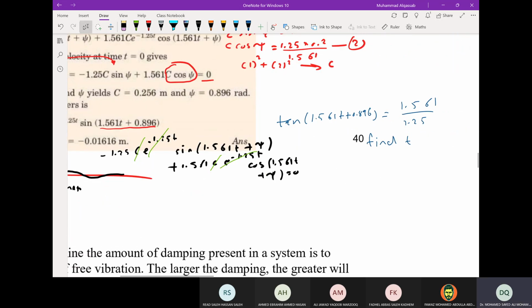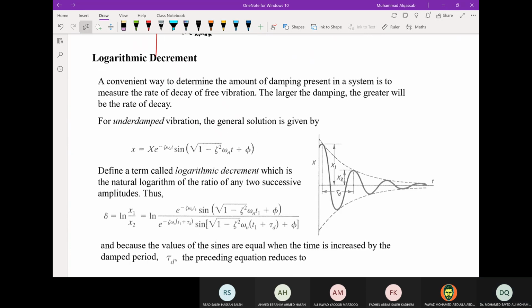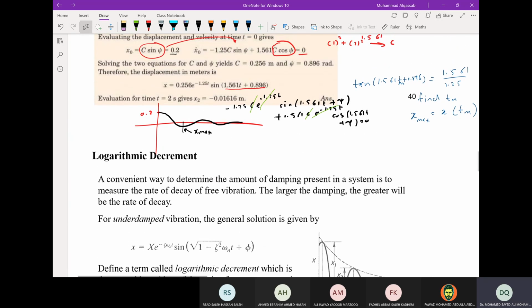Let's call this t Tm, then x maximum is equal to x at Tm. Any questions so far? X maximum, yes, it's the amplitude, but at the maximum value.